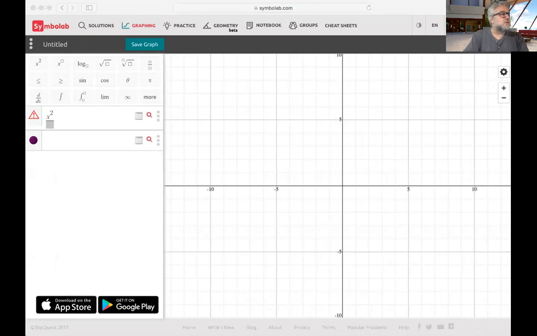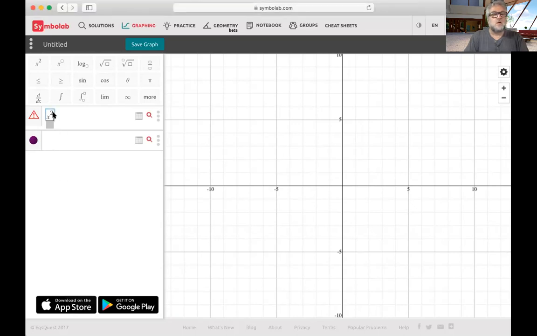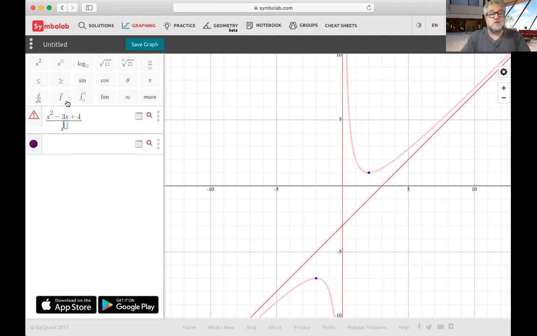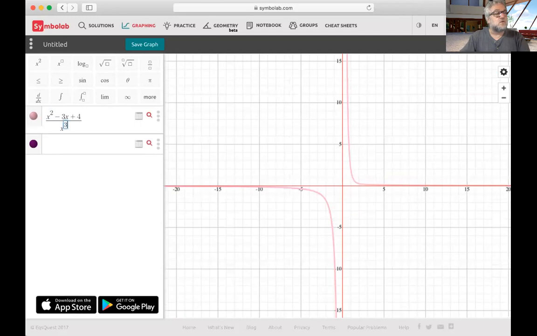There we go. x squared minus 3x plus 4 over x cubed minus 8.